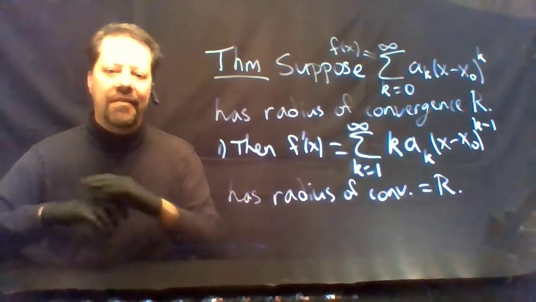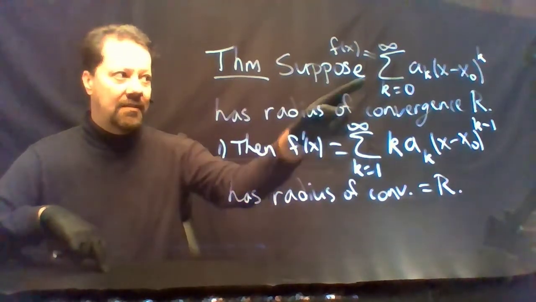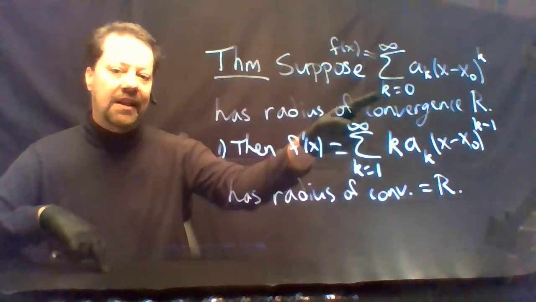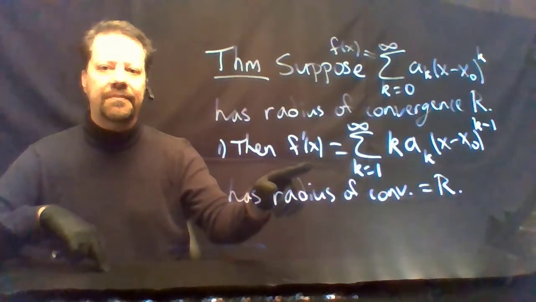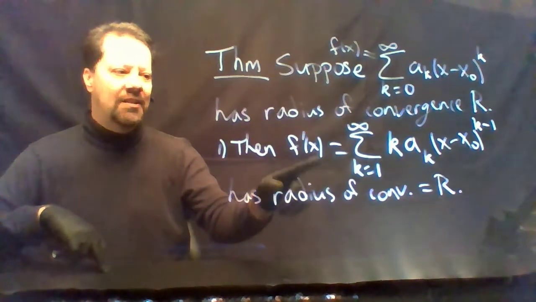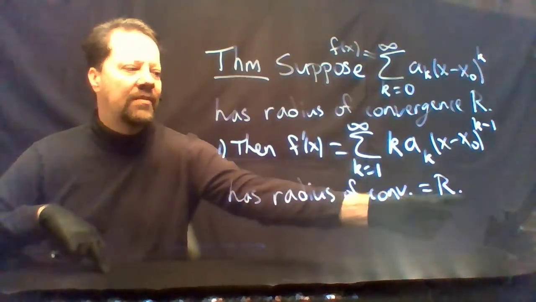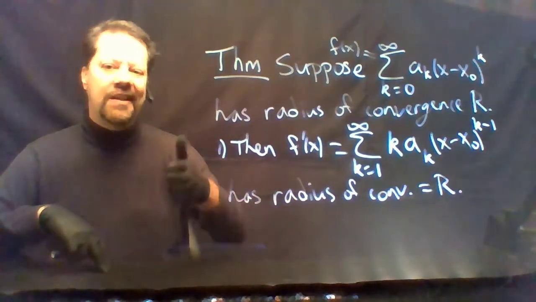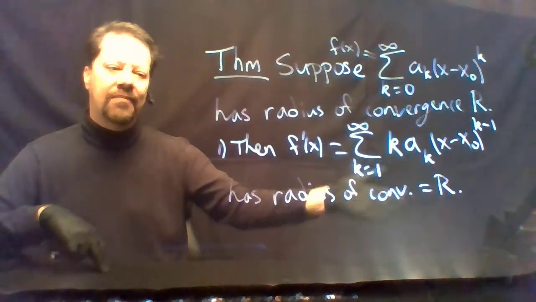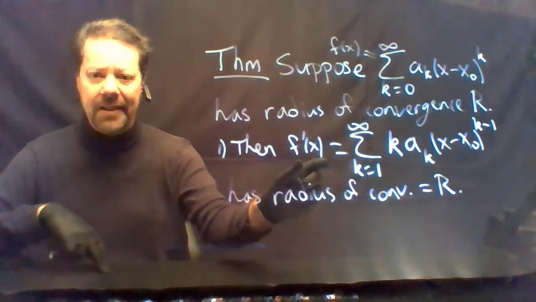This part of the theorem implies that, first of all, any function that can be represented as a power series is differentiable. Not only that, but since the first derivative converges on the same open interval from x0 minus r to x0 plus r, then the derivative of the derivative will have the same radius of convergence as well.